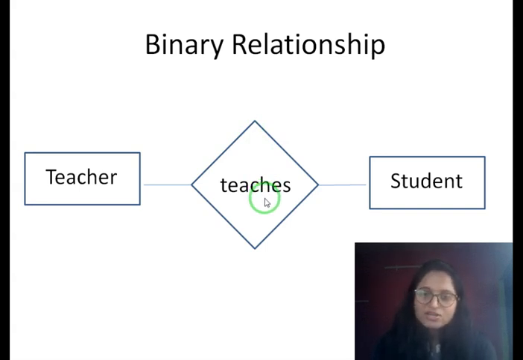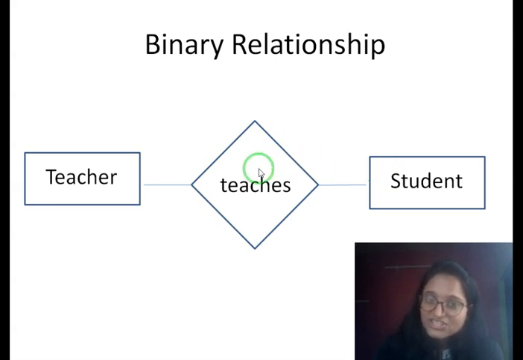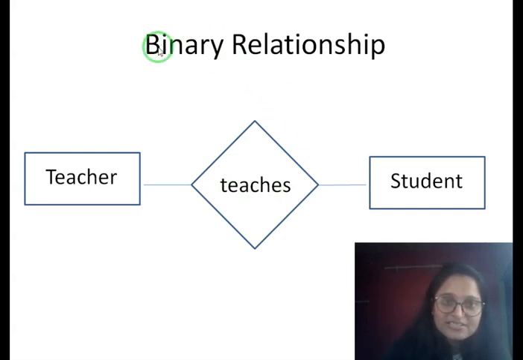That time I will show you all the notation for entities, relationships, attributes, all. Now consider here the concept only of binary relationship. These are the two entities, teacher and student, and now this is the relationship. How is the teacher related to the student? Yes, teacher teaches student. So teaches is the relationship for the teacher and student, and here are two entities. Therefore, this relationship is termed as binary relationship.